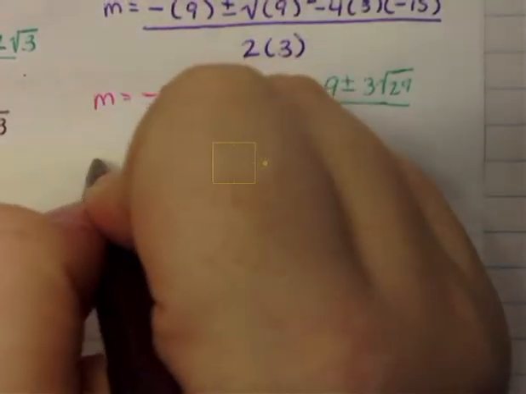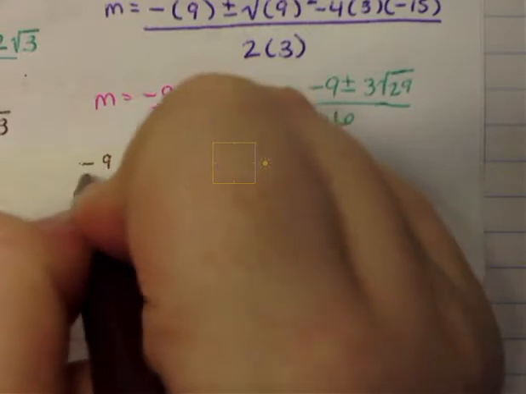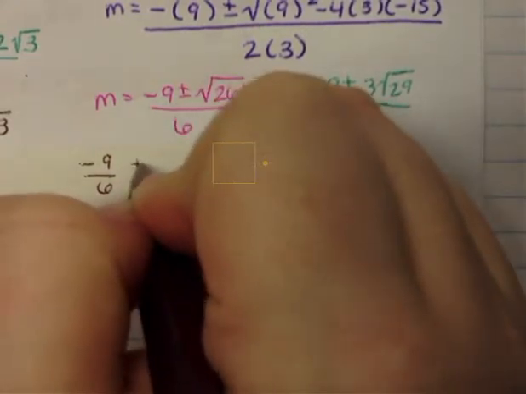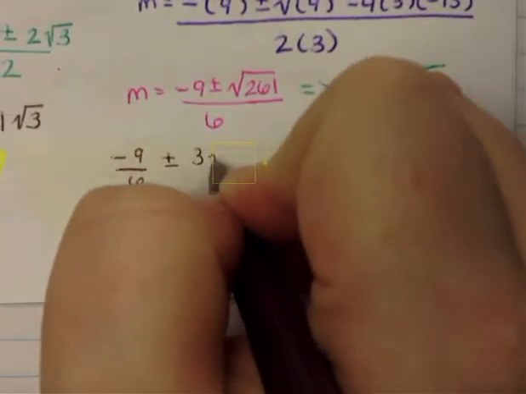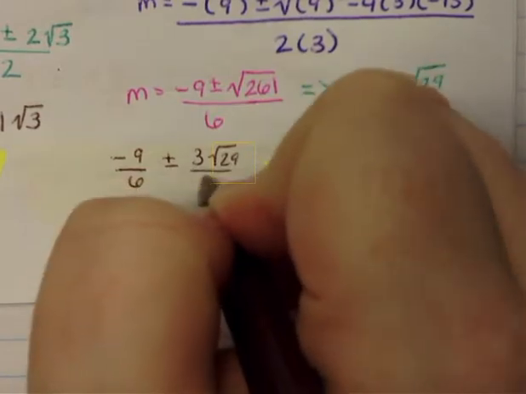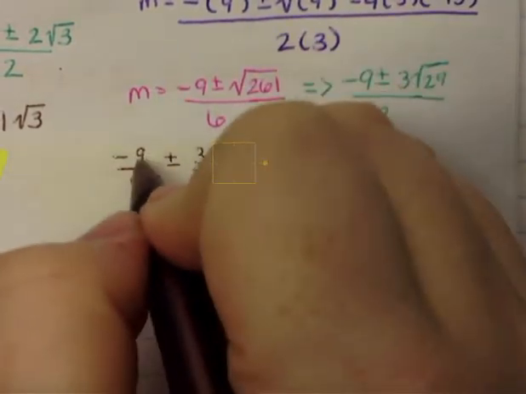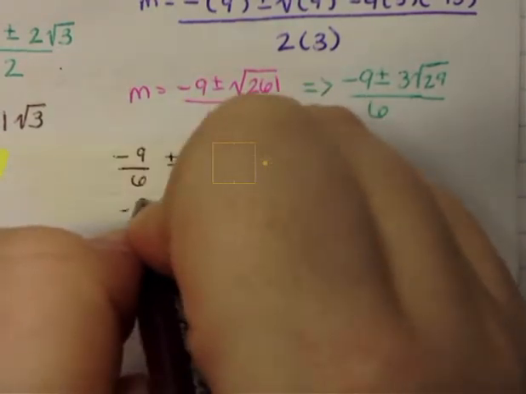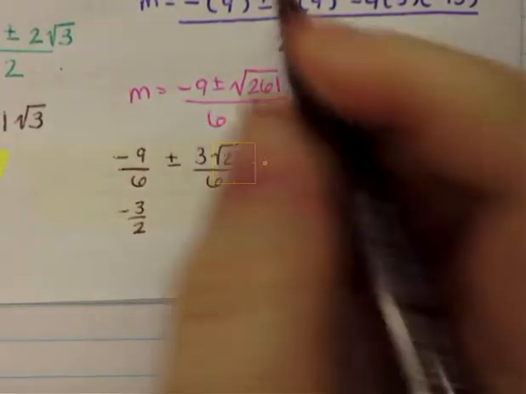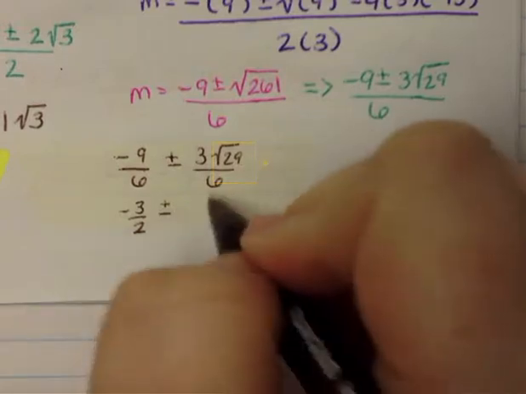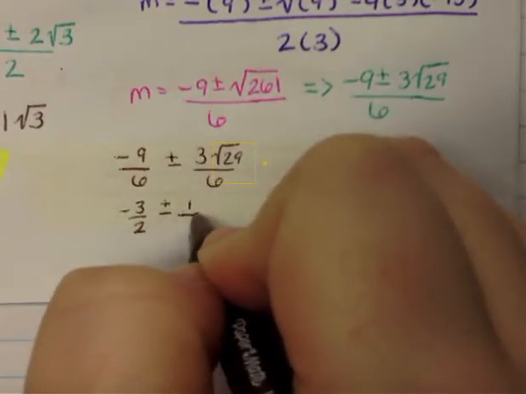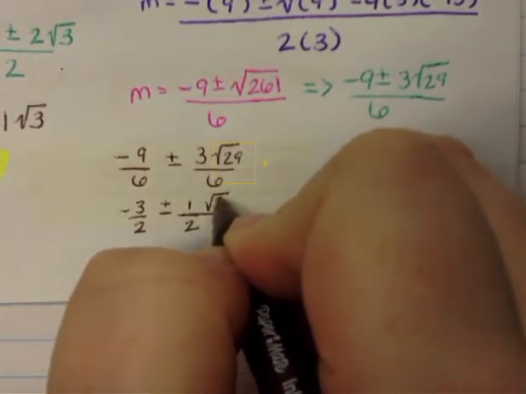So we're going to separate the two fractions. Negative 9 over 6 plus or minus, we have 3 square root of 29 over 6. So negative 9 over 6 is negative 3 over 2 plus or minus, and then 3 over 6 is 1 over 2, and we keep that square root of 29.